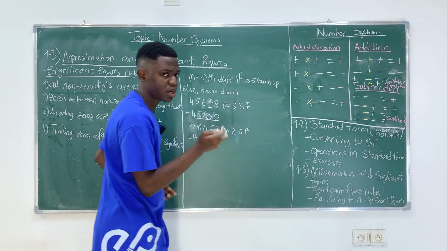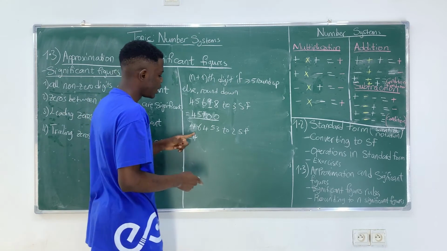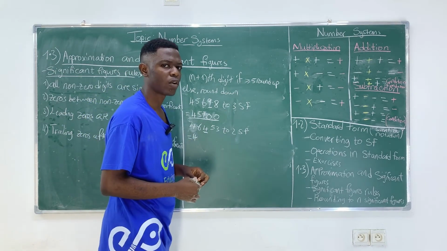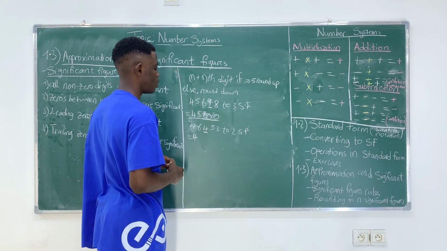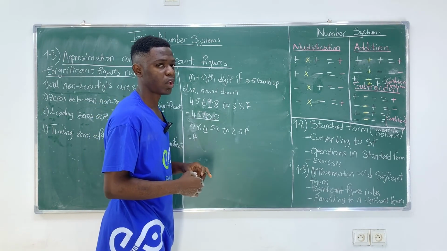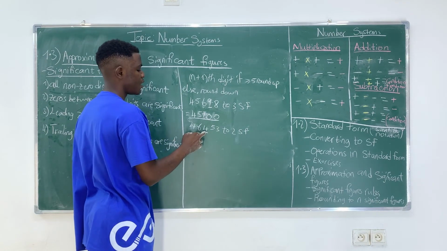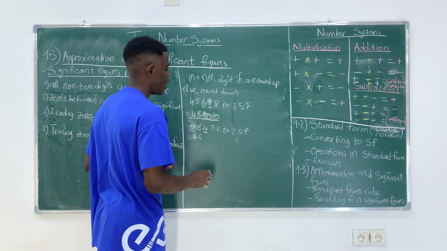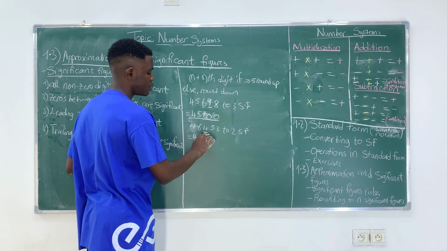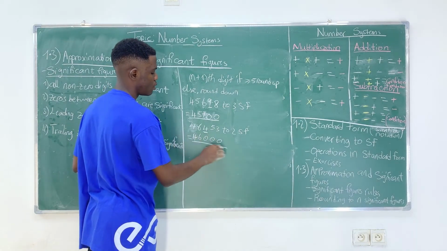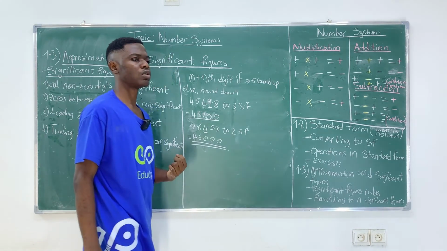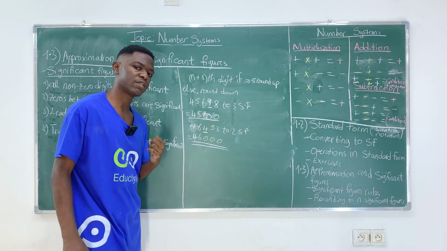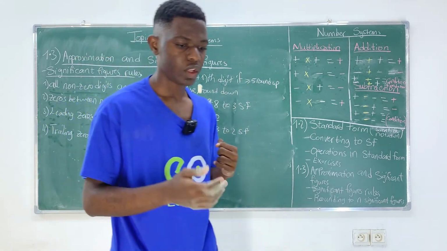I'll write 4. And since they said 2, I check the second digit. The second digit is 6. The next digit after the 6 is less than 5. I can see that it's less than 5. So I keep my 6. And then what do I do? At the place of 4, this is my solution. I have put it in two significant figures.